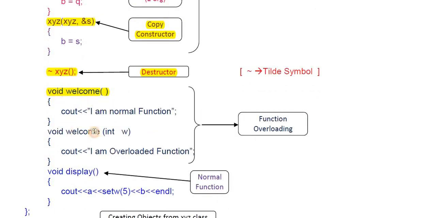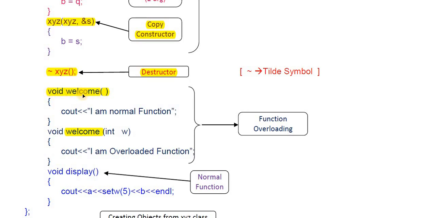And these are two functions having the same name, welcome. This is not a constructor because the function name is not the same as the class name. Class name is XYZ, but this function name is welcome. So this is not a constructor. To become a constructor, the function should have the same name as the class name. But here this function name is not the same as the class.